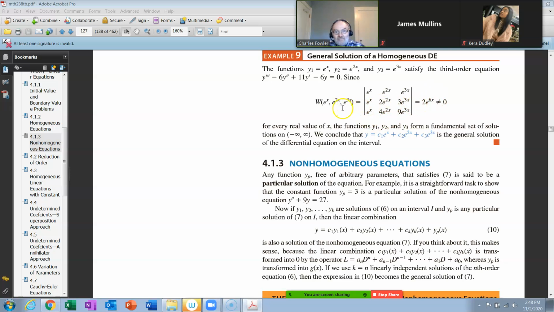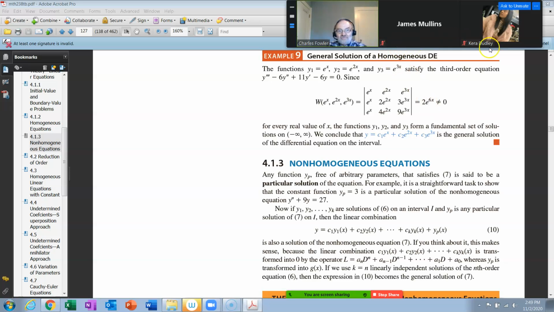When we did the Wronskian between these 3 functions, we found that that came out to be 2e to the 6x, which is not just not equal to 0, it's never equal to 0 anywhere on the domain from negative infinity to positive infinity, because e to the 6x is always positive. It can't be 0, and 2 times it, of course, can't be 0 either.